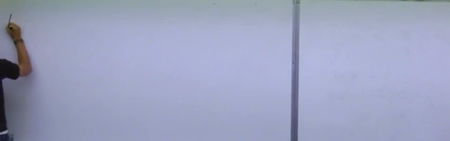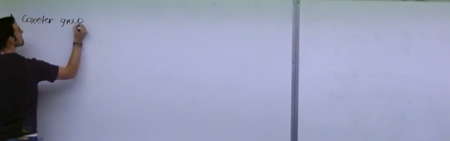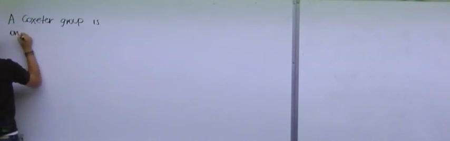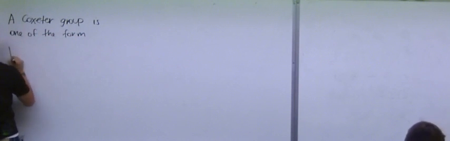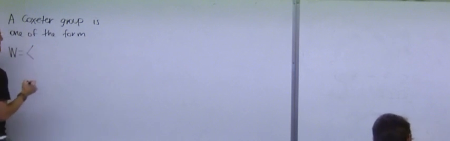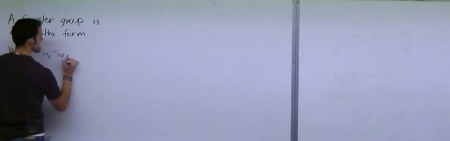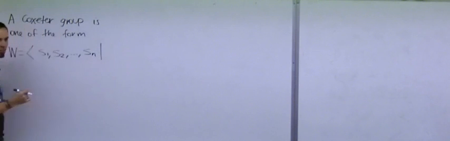Okay. So let's keep talking about Coxeter groups. Last time, I told you what a Coxeter group is. I told you that it's a group that is generated by some set of generators subject to some relations.